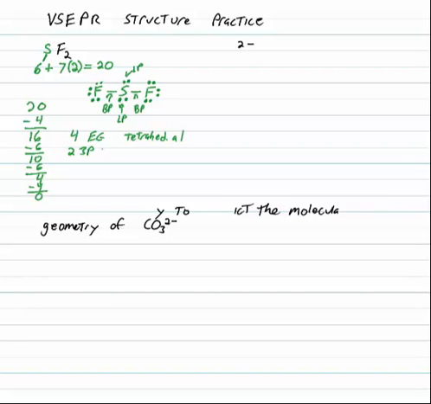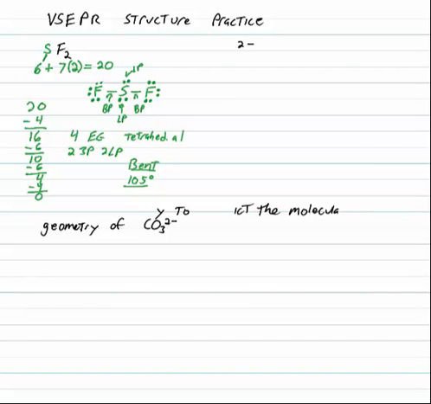When we look that up in our table, for 4 electron groups, 2 bonding pairs, 2 lone pairs gives us a geometry of bent, and the angle between my fluorines is 105 degrees. So bent geometry at 105 degrees.